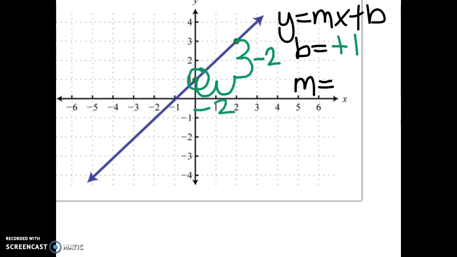Moving down is a negative movement, so I moved down 2 and then left 2. To write that as a fraction would be negative 2 over negative 2. In algebra, we simplify. Negative 2 divided by negative 2 is positive 1. Good arithmetic.